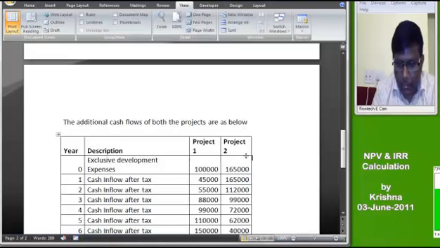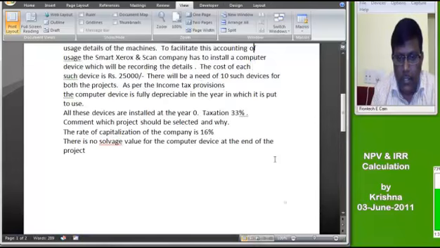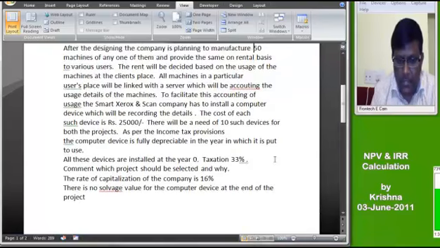Please recollect the problem. For project 1 we have exclusive development expenses of 1 lakh, and for project 2 we have exclusive development expenses of 165, and we have some cash inflows for 6 years, the after tax cash inflows they have given, and an initial cost of 10 machines into 2,50,000 for computer devices.